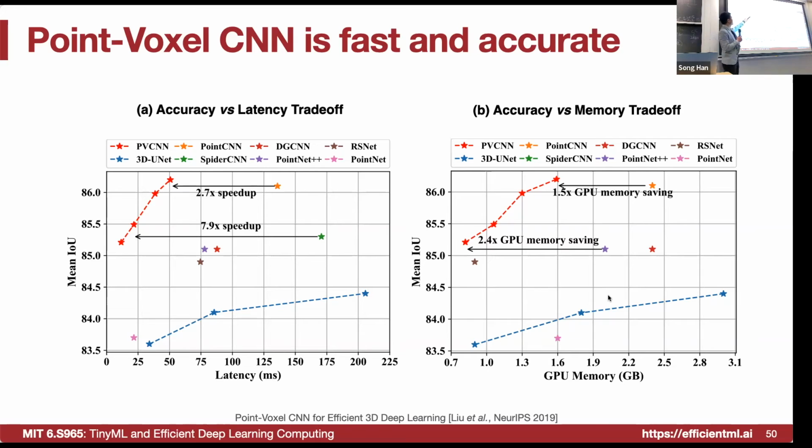Other networks like 3D UNet, SpiderCNN, and PointNet++ are also in the figure. On the right-hand side, we are comparing the GPU memory. Compared with PointNet++ or PointCNN, the memory saving ranges from 1.5 to 2.4x.